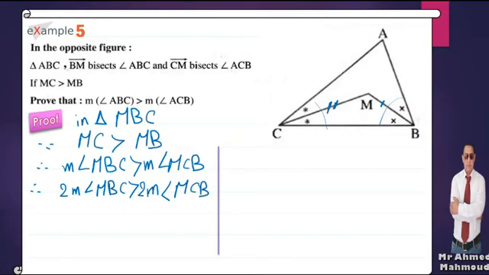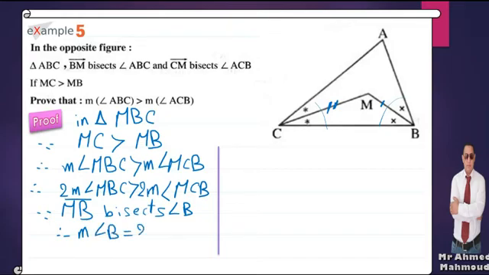Since MB bisects angle B, therefore measure of angle B equals two times measure of angle MBC.